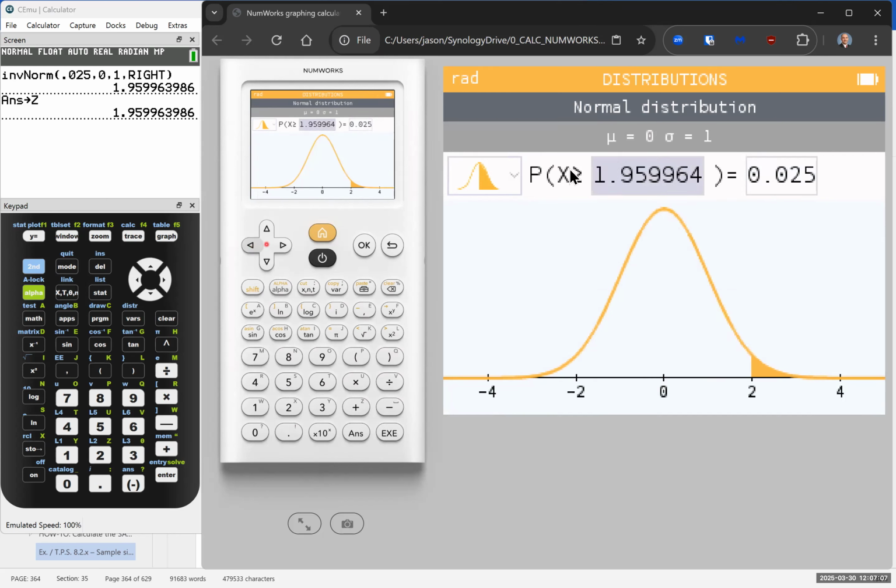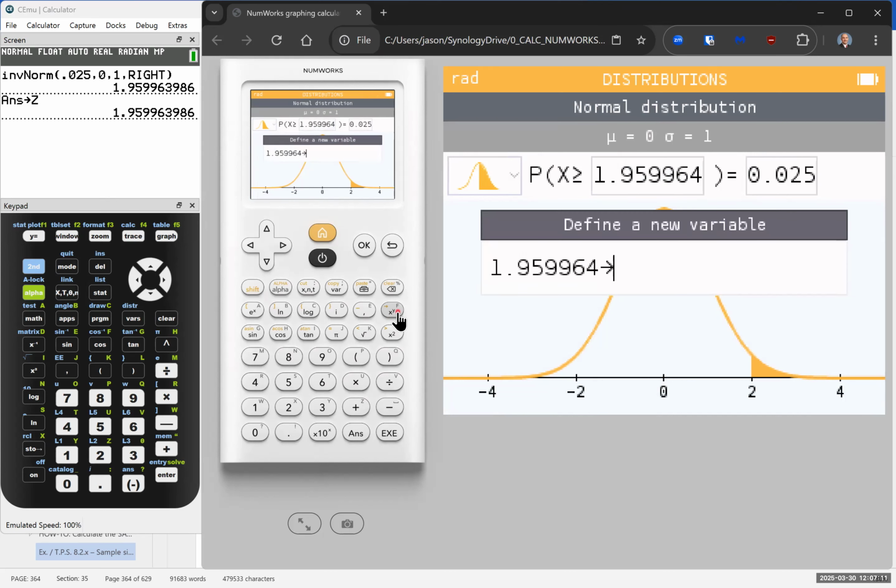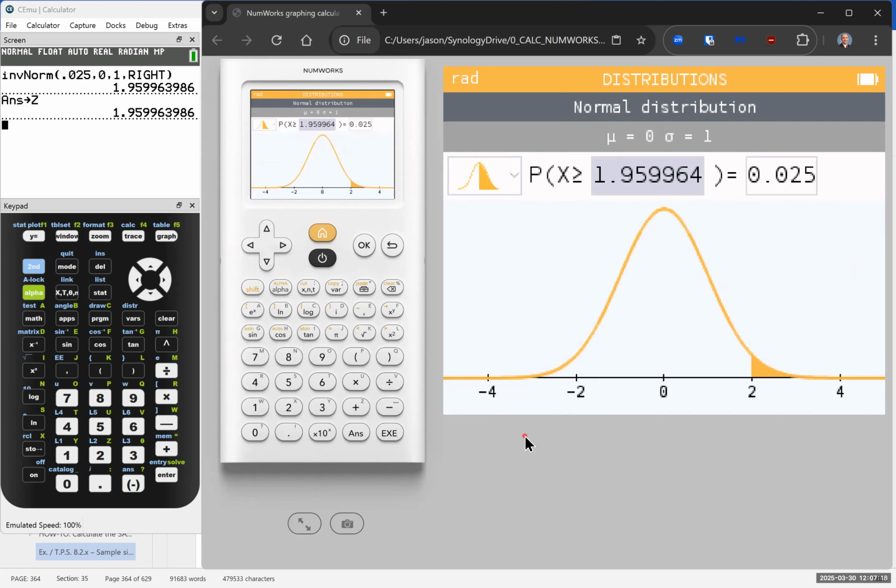All right, and I will save this value also to variable z. There we go. Okay, so we got 1.960.